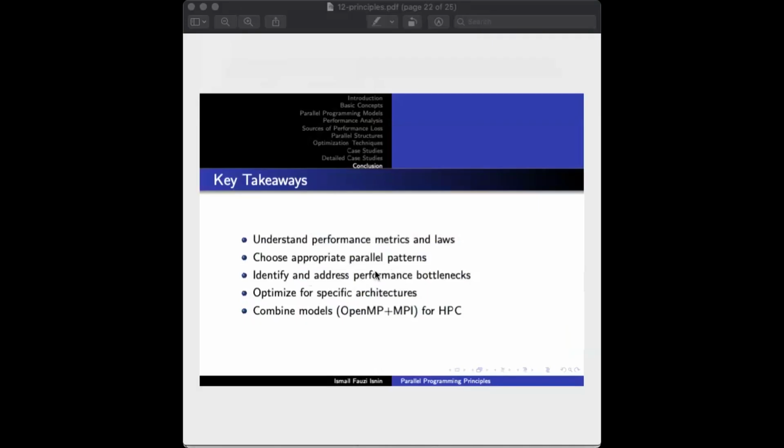Fourth, optimize. Optimize very important. So optimize what? Optimize your code specifically for the target hardware architecture you are deploying on. Finally, also combine. You have to combine shared memory OpenMP with distributed message passing, which is MPI, into a unified hybrid model to fully unlock large-scale, high-performance computing clusters.